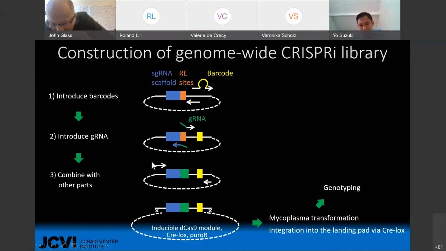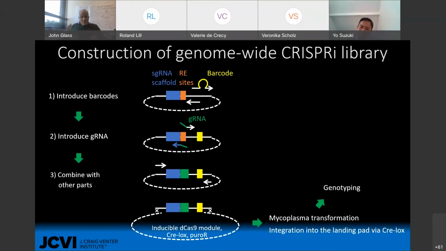Then this small construct is amplified and combined with a plasmid backbone that provides dCas9 and Cre-lox for targeting to the landing pad of SIM3, and also PuroR, SIM3 or SIM3B.